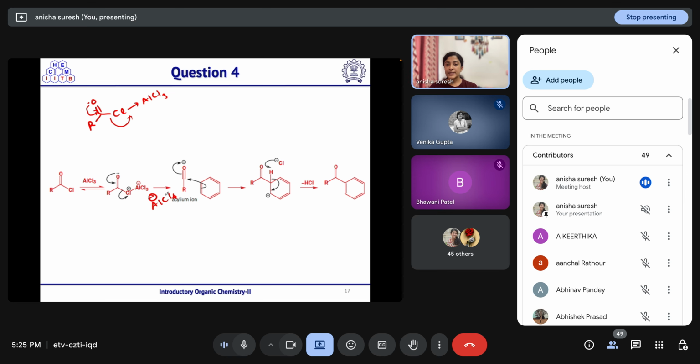So this is the reactive intermediate for Friedel-Crafts acylation reaction, and after that, like any electrophilic aromatic substitution reaction, the benzene ring attacks the carbon atom.